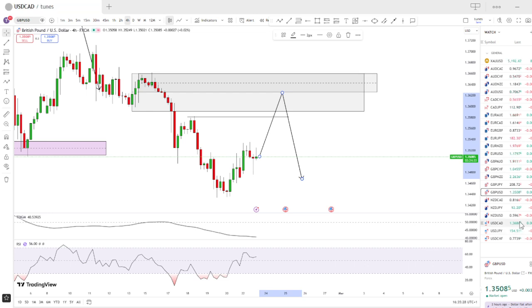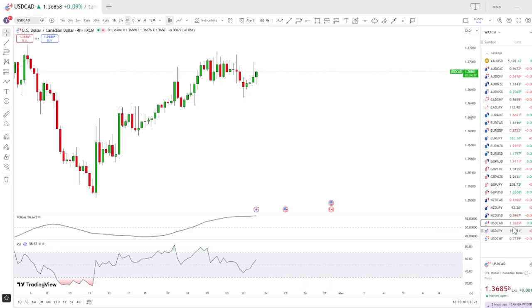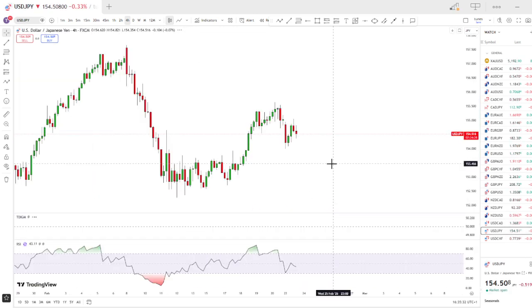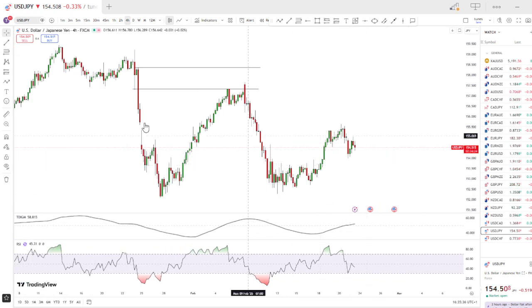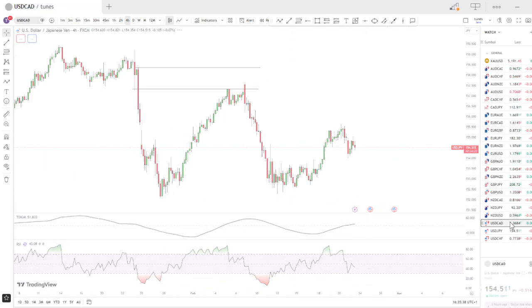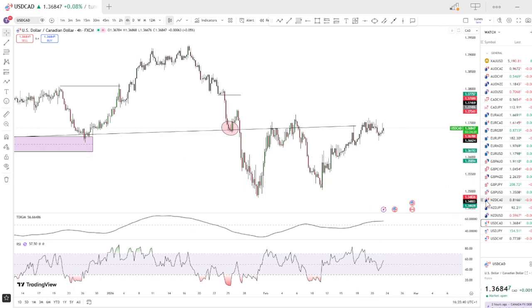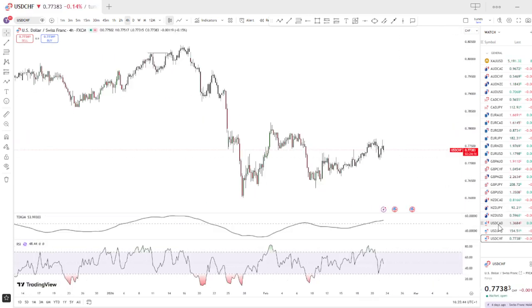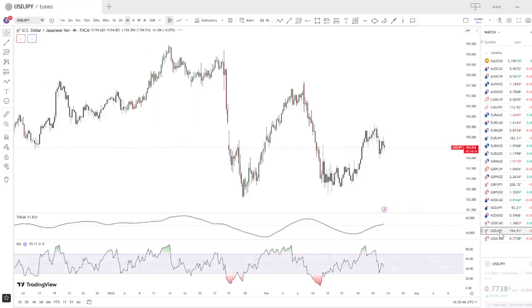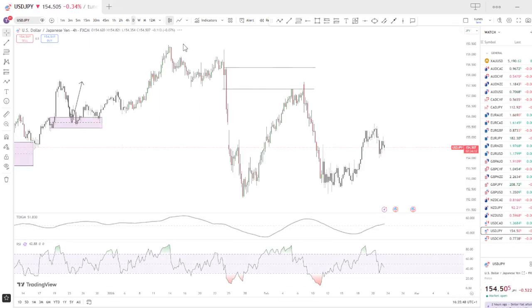Next up, let's do USDCAD. Well, let me check. I'll choose one between USDCAD, USDJPY, and USDCHF. This gives a very, very annoying sell. USDCAD and USDCHF pretty much look the same.